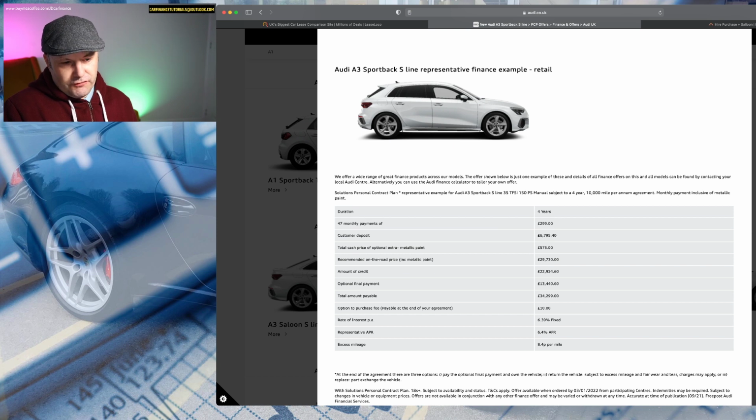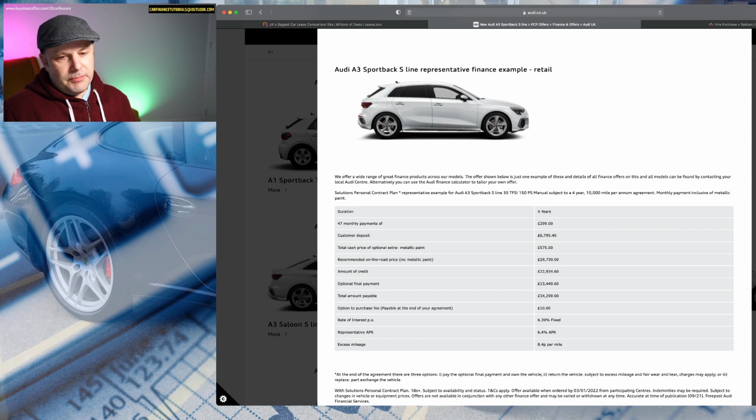What does the optional final payment mean then in this case? So on a PCP, the optional final payment is normally guaranteed. So it's sometimes called the guaranteed future value. Now, the reason that PCPs are very popular is because that optional payment, hence the word, is optional, but it's also guaranteed.